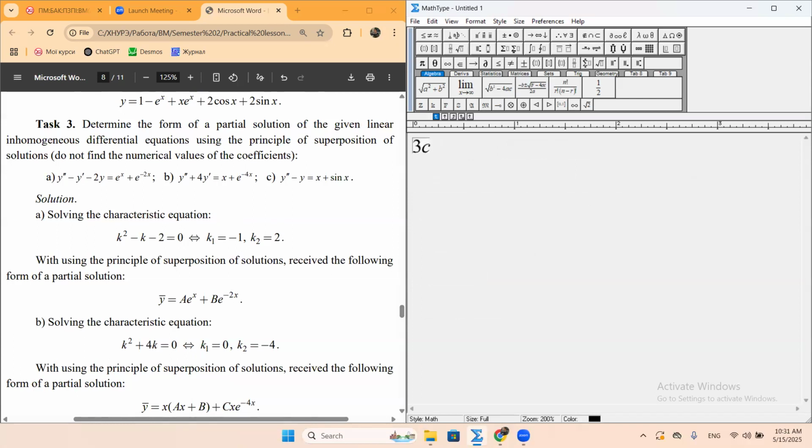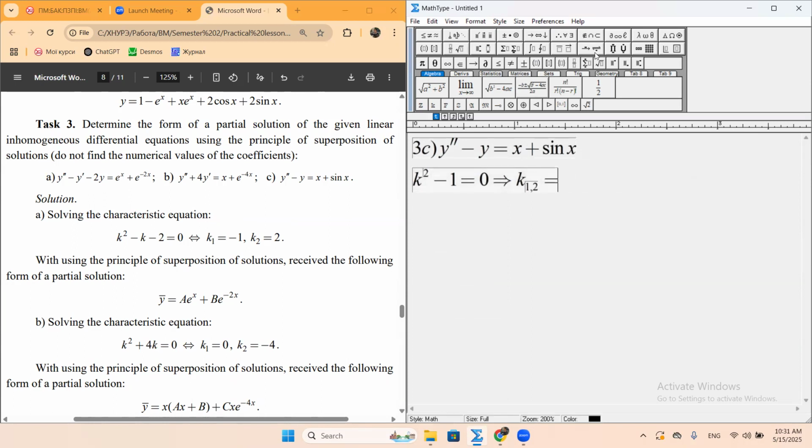So moving to 3c. We have the following equation: y double prime minus y equals x plus sine of x. Writing down the characteristic equation, k squared minus 1 equals 0, so k equals plus minus 1.